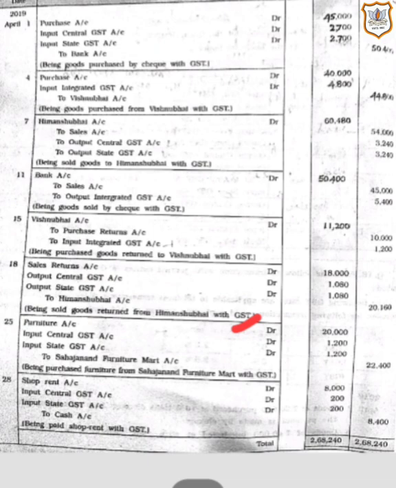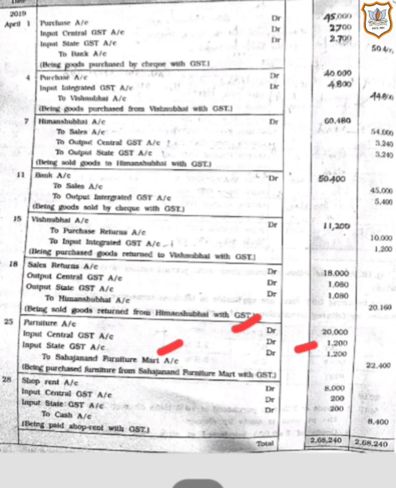20,000, and as this is the case of intrastate supply, so here input central GST and input state GST both will be applicable. So 6% of 20,000 comes to 1,200. So here input CGST account will be debited by rupees 1,200, and input state GST account will be debited by rupees 1,200.